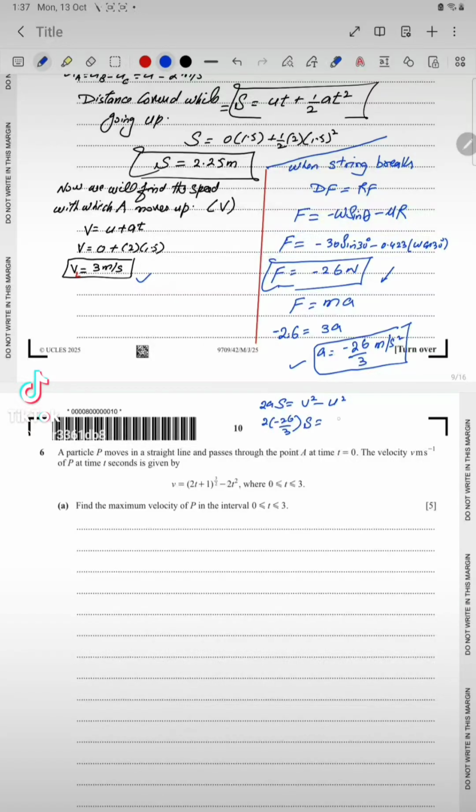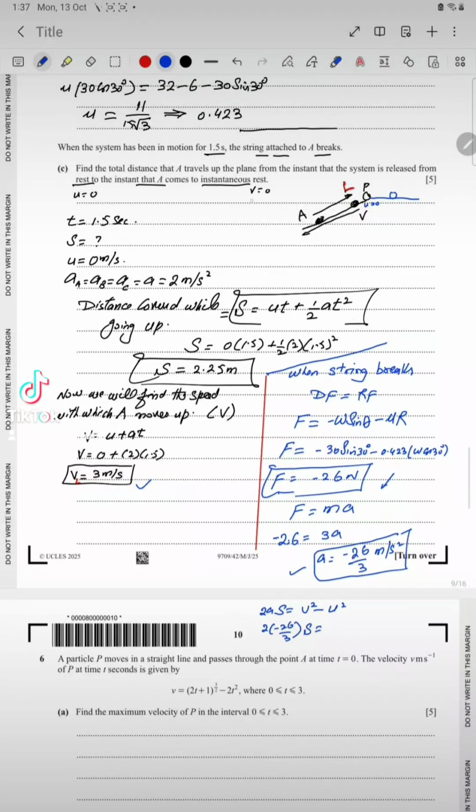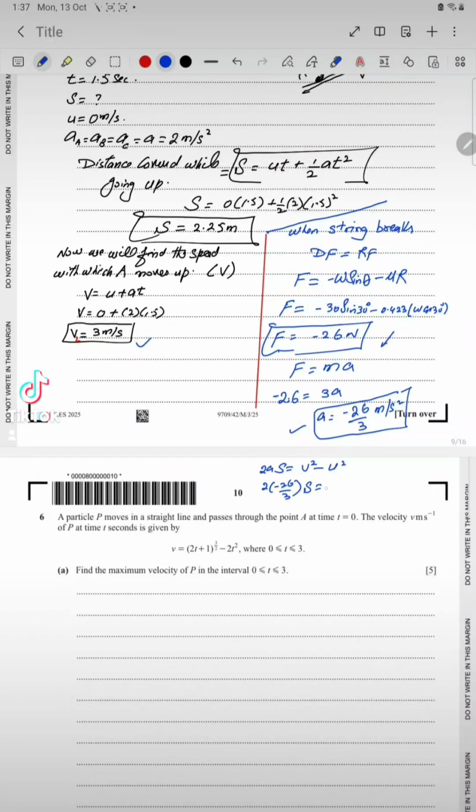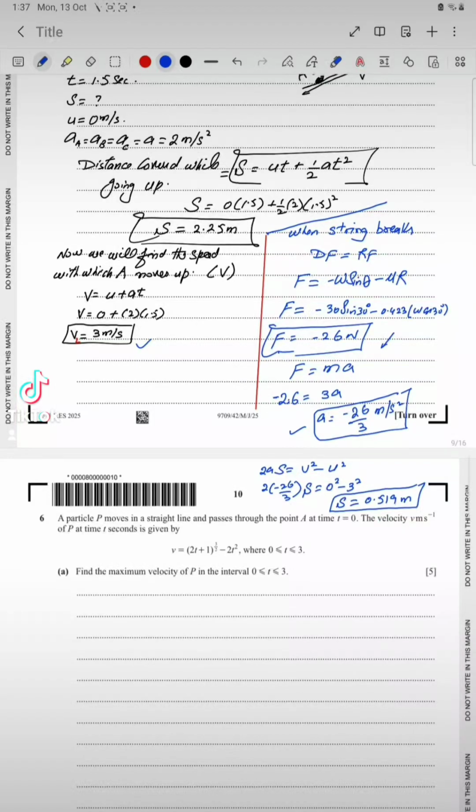Finally it will come to instantaneous rest, it is given. So v is 0, 0 square, minus u becomes v, and that is 3 square. So you can see the S on a calculator. You will get S as 0.519 meter. This is the distance which it will cover with the acceleration of minus 26 by 3 in this downfall motion.